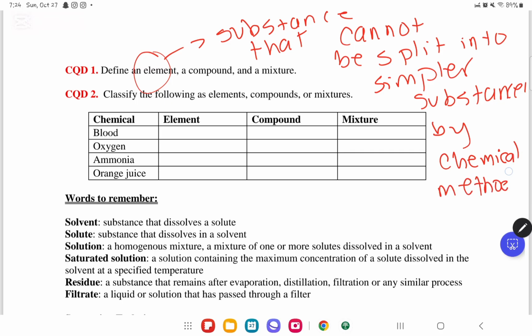So what does this mean? An element is a substance. If you break it down, you cannot break it down even more. It is the most basic substance, basically saying that you cannot split it into simpler substances anymore. It is in its simplest form.